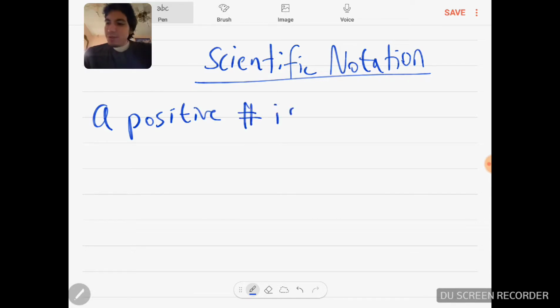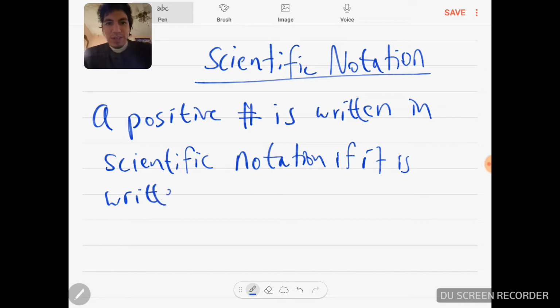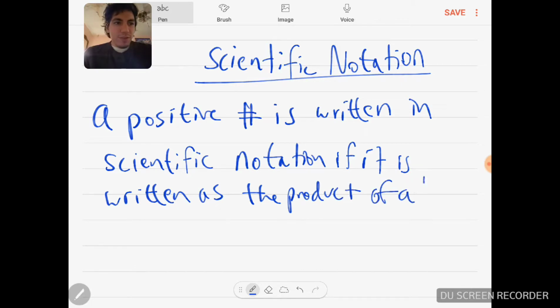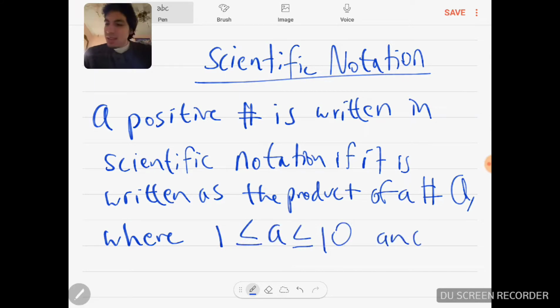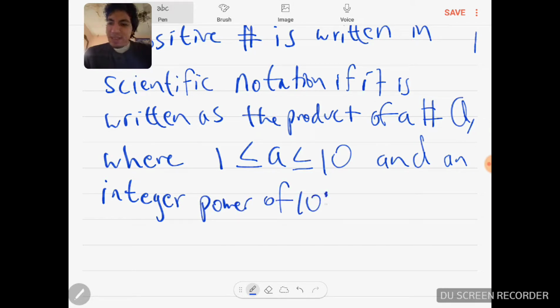A positive number is written in scientific notation if it is written as the product of a number a, where a is between 1 and 10, and an integer power of 10: a times 10 to the r.